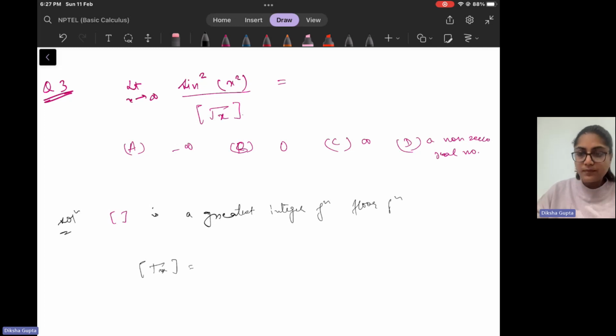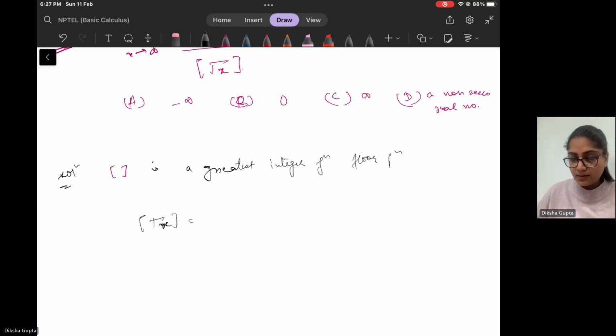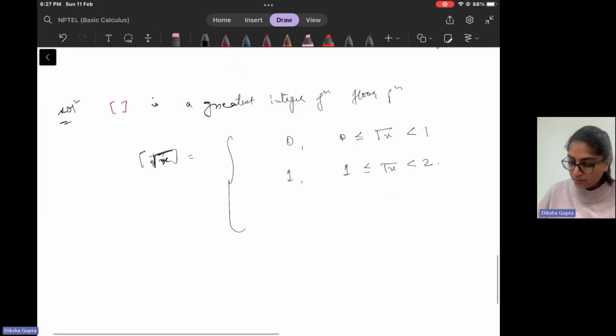Since it is root x, x has to take positive values only. So it will be 0 when 0 less than root x less than 1. It will be 1 when 1 less than root x less than 2, 2 when 2 less than root x less than 3, and so on.